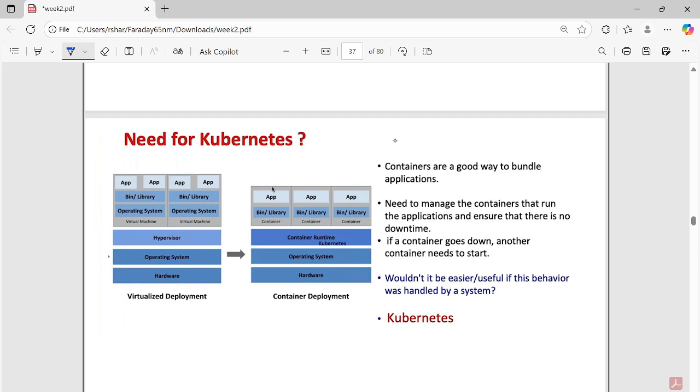The containers are a good way to bundle the application.